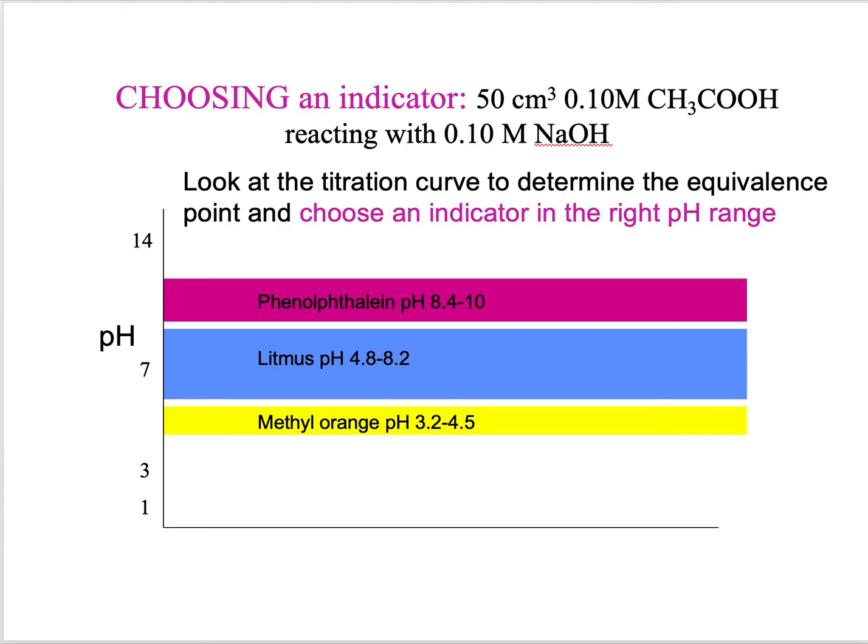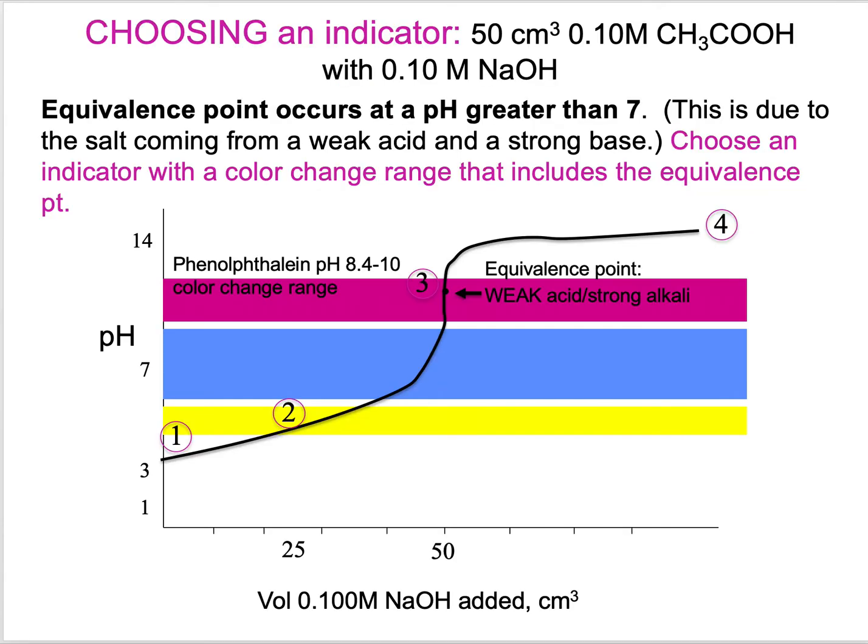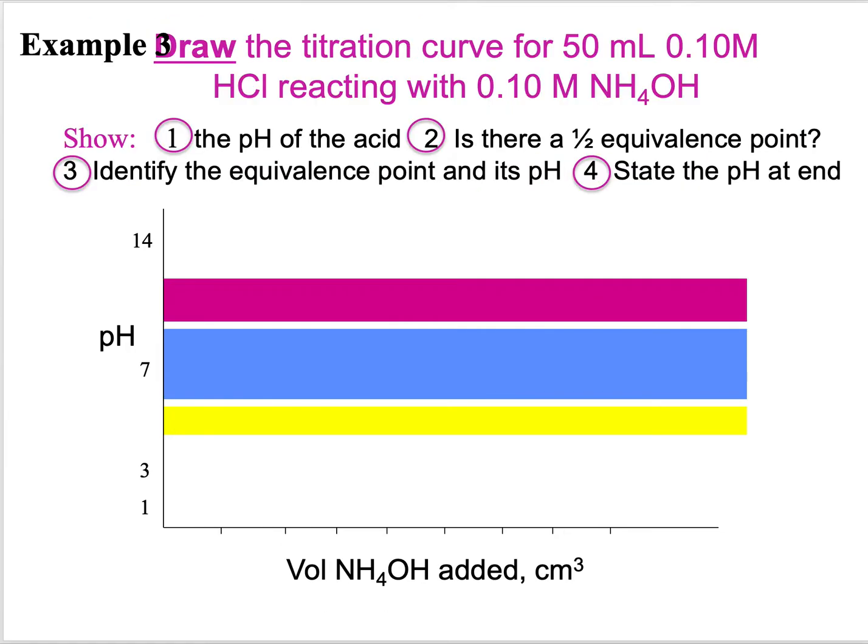And here we've got a weak acid with a strong base, just like the one we've talked about earlier. So you've got your equivalence point greater than 7 there. And so here you've got your axes, and pause to draw and answer the questions.